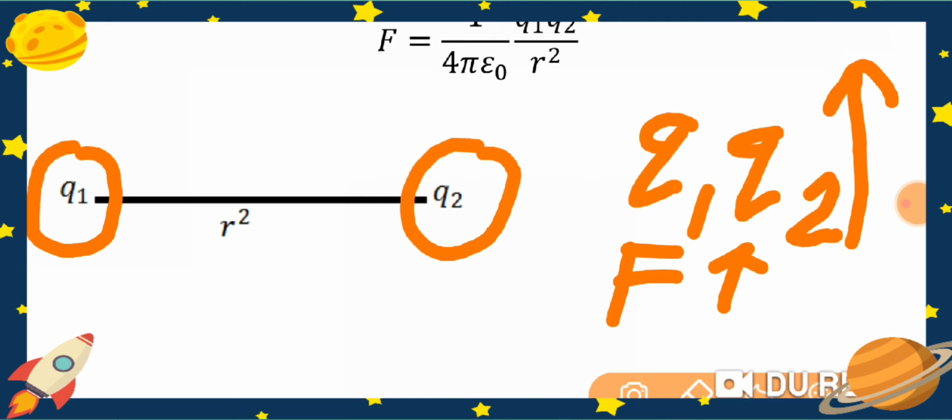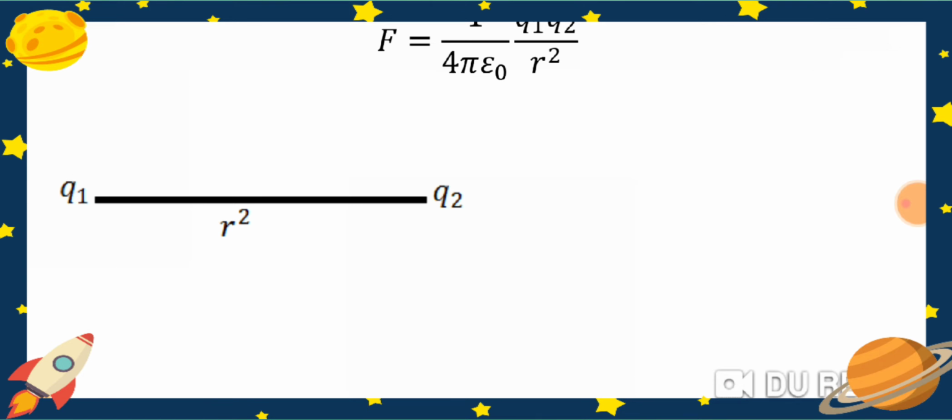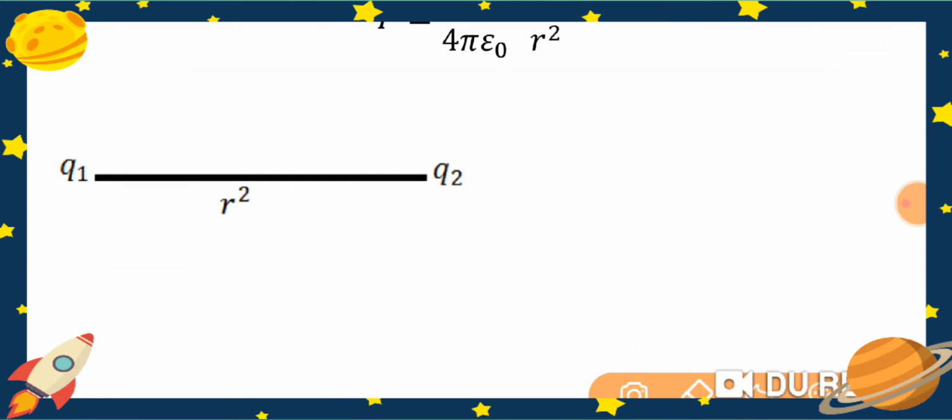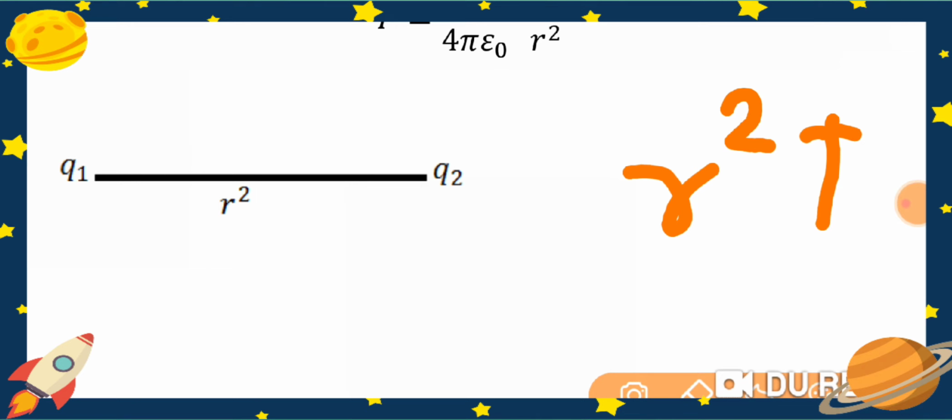Now, in the second analysis, we find that if we increase the distance between the charges, then the square of the distance also increases, and if the distance square increases, then the force decreases.